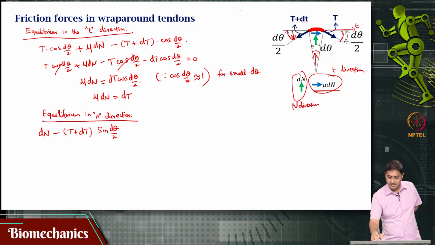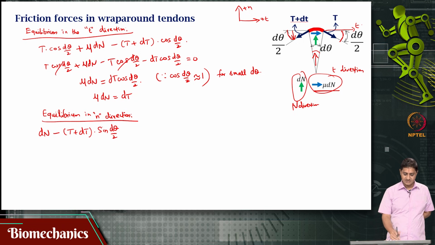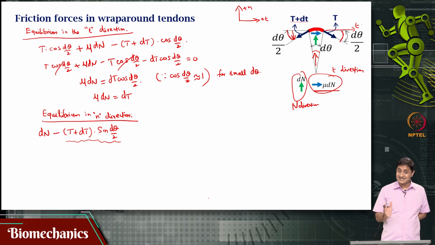This is the plus n direction and this is the plus t direction. In the negative n direction, there will be a component of the belt force, right? That component, what would that be? That would be sin d theta by 2 times t plus dt, is it not? That is sin d theta by 2 times, because it is the opposite side.